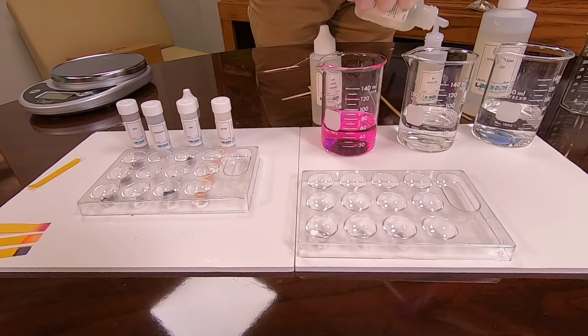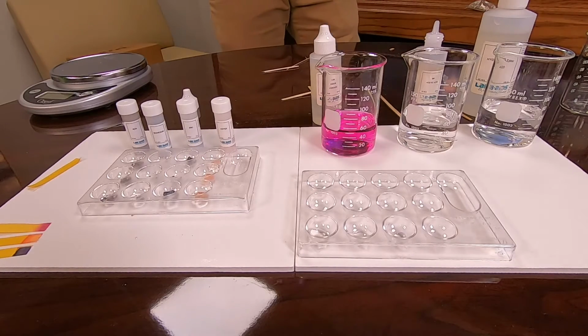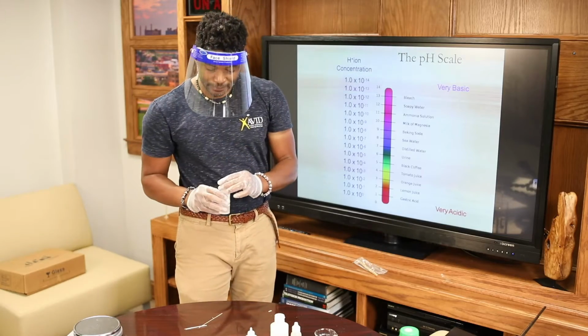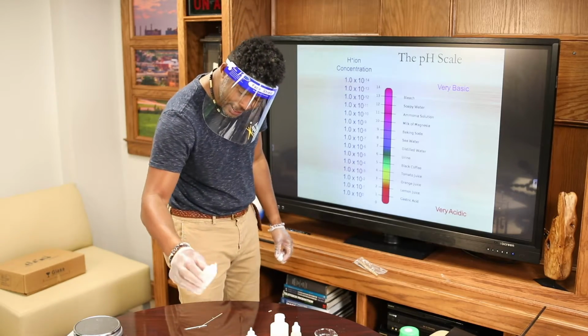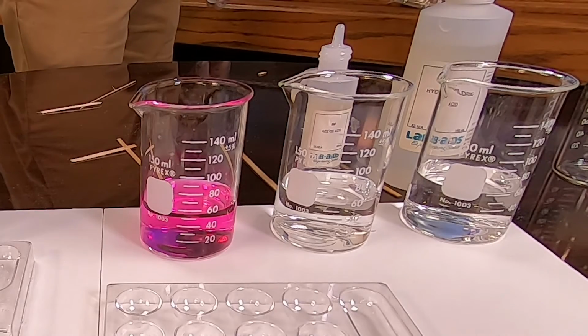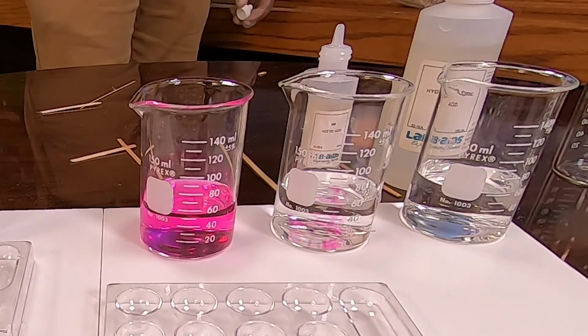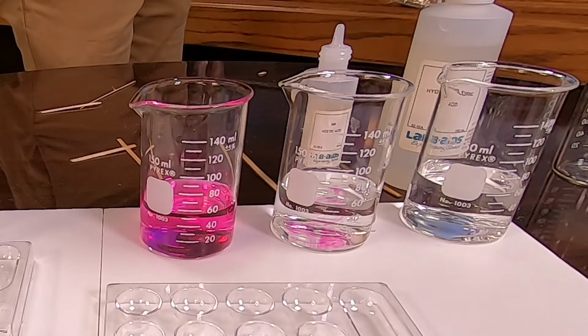So watch. And a couple more drops. So let's compare. Here is my sodium hydroxide. Let's add a drop of sodium hydroxide to our acetic acid. That's 1. Wow. Immediate reaction. Let's add it to our hydrochloric acid.